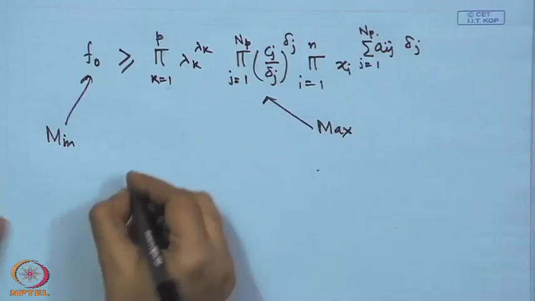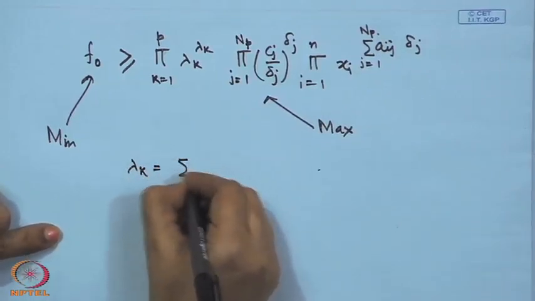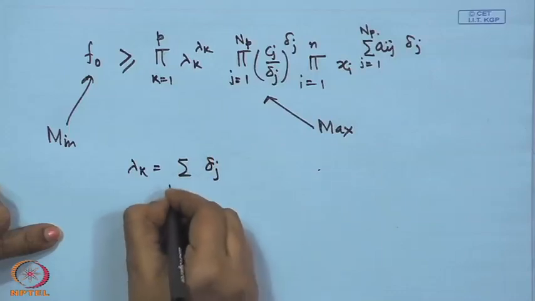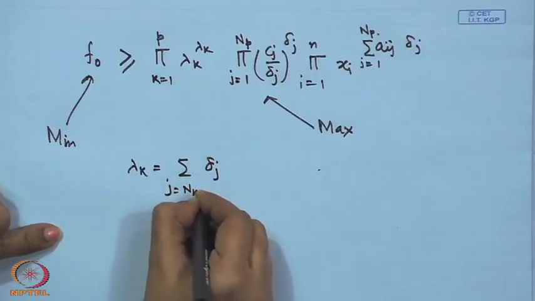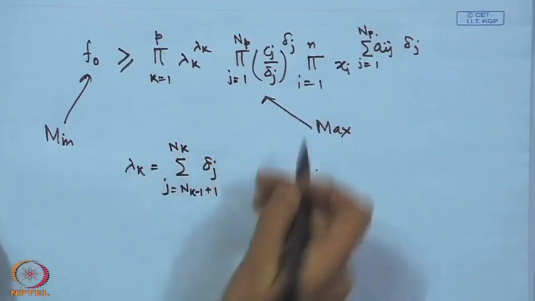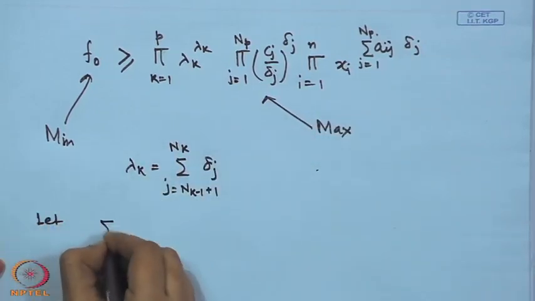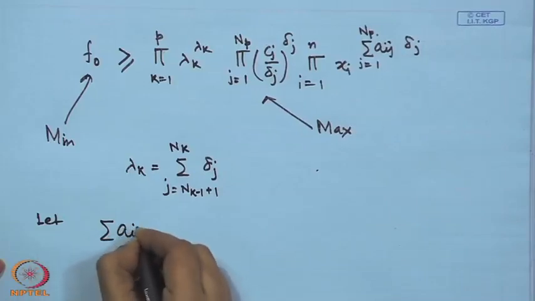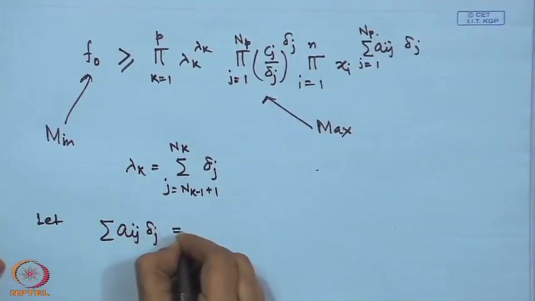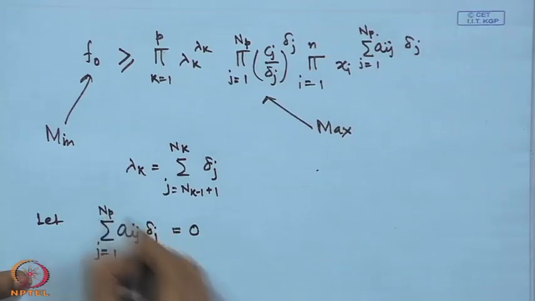And one thing I should mention here, that lambda k is equal to the summation of delta j's, j is equal to n k minus 1 plus 1 to n k. We will use this fact in the next. And let us consider again summation a ij delta j is equal to 0, that is the orthogonality condition, by considering j is equal to 1 to n p.